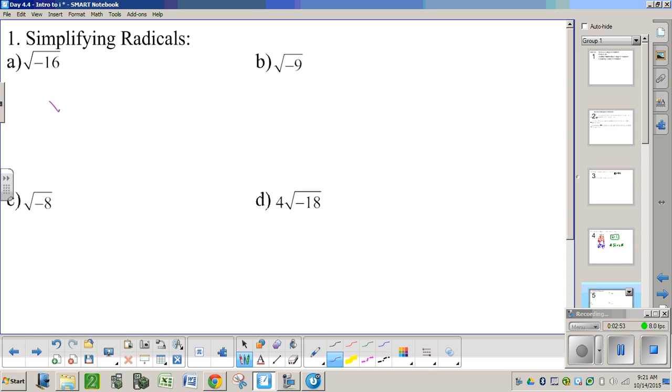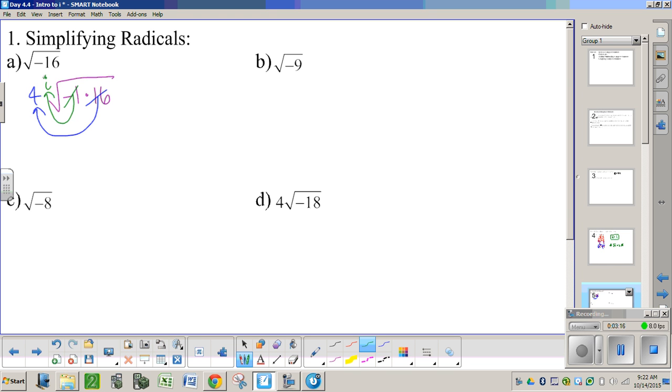So thinking back to simplifying your square roots, you look at factors. So this time I would say, well, this is negative 1 times 16. We know 16 is a perfect square, so that would come out of our radical as a 4. We now know, though, that the square root of negative 1 is equal to i.